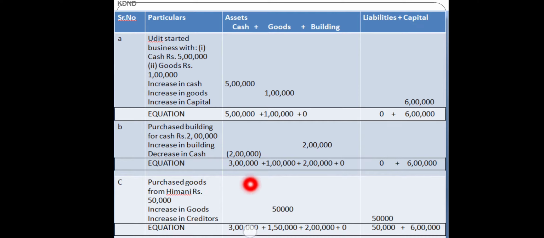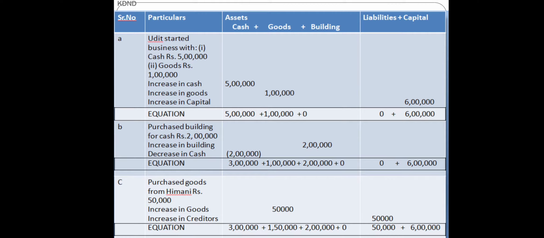Then comes your next point, that is purchase of goods from Himani rupees 50,000. I am purchasing the goods from Himani. Obviously it is understood that goods increase, but at the same time you can see the name of a party is given. When the name of a party is given, it is on a credit basis, and nothing is specified for cash.